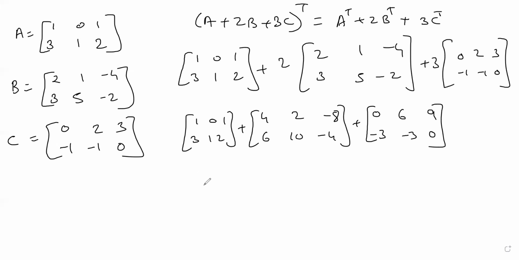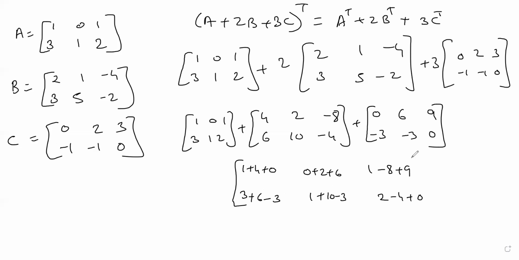If you add it, it will be 1 plus 4 plus 0, 0 plus 2 plus 6, 1 minus 8 plus 9, 3 plus 6 minus 3, 1 plus 10 minus 3, 2 minus 4 plus 0.